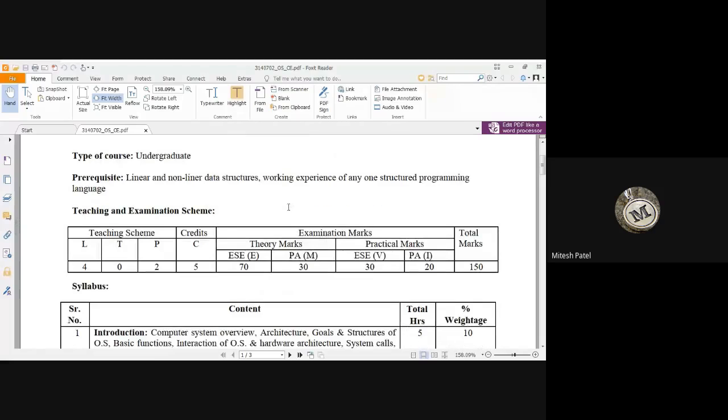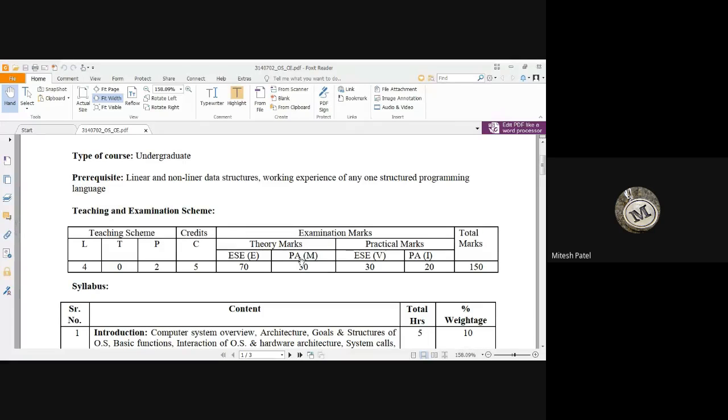Now, the teaching and examination evaluation scheme: for our lecture, 2 hour laboratory session per week, and it is 5 credit in GTU. This is the GTU teaching scheme. Now, let's talk about the theory exam. ESE, end semester examination, is 70 marks.